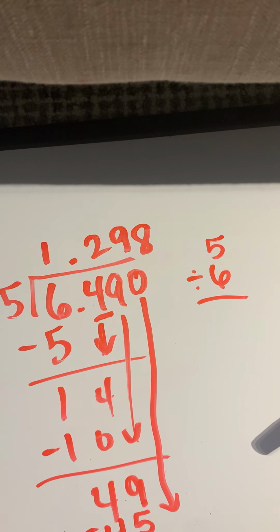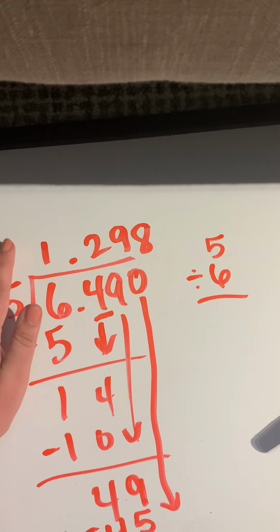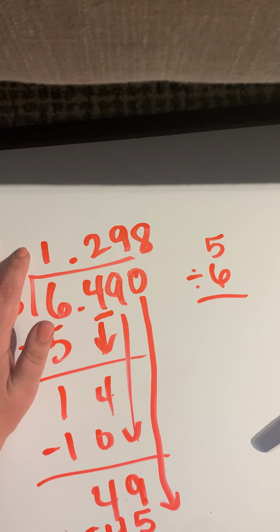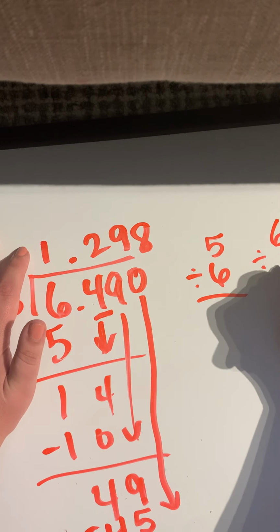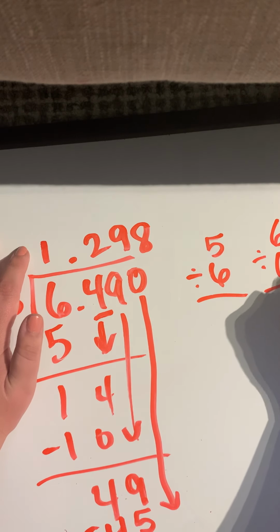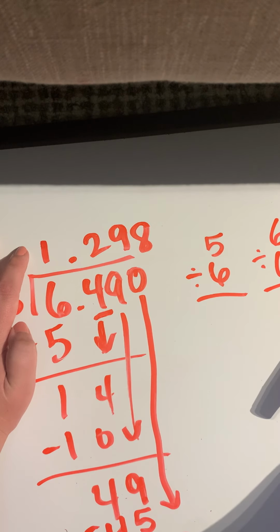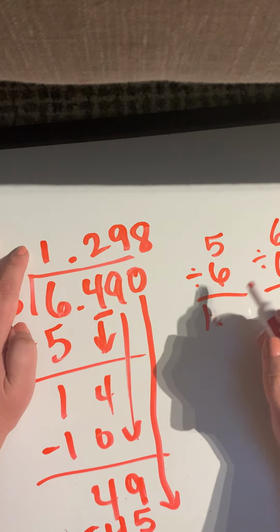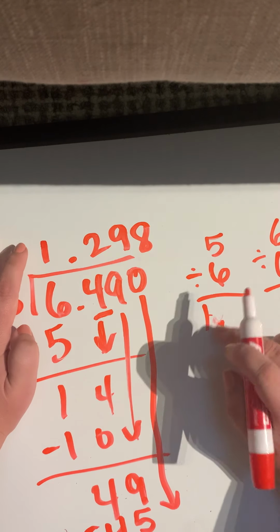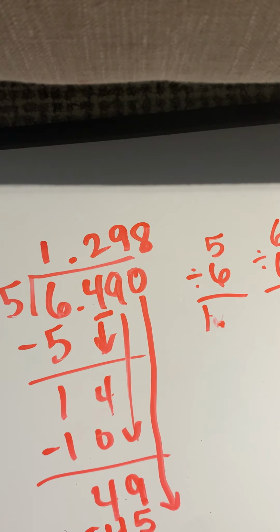But I know that if I were to do 5 divided by 6, I would end up with 1 point something, okay? Because 6 divided by 6 is 1, okay? And then here we've got 5 divided by 6, so it's going to be 1 and a little bit over. Okay, so you can see that that's going to be a reasonable answer.